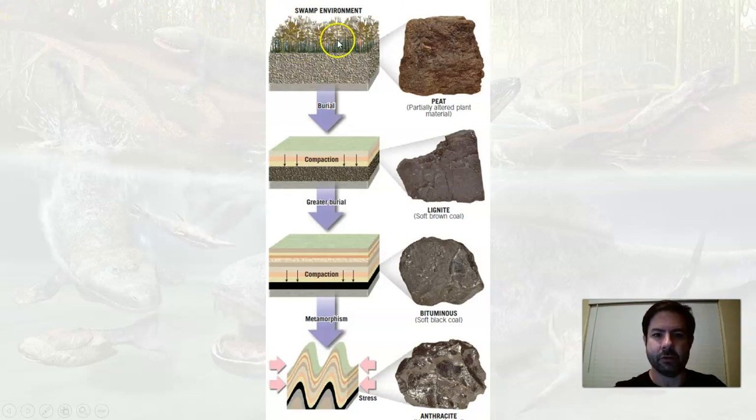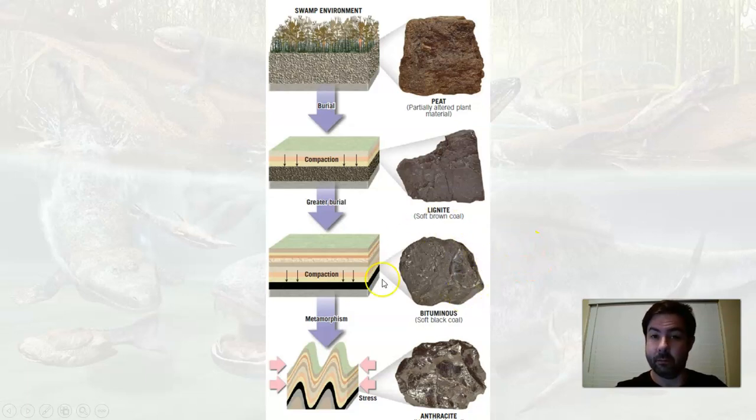So in a general swampy environment, all that organic material piling up at the bottom of the swamp makes something called peat. Peat, if you apply a little bit more pressure, maybe from overlying sediment, turns into a very low-grade coal called lignite. Additional heat and pressure from more overlying sediment turns lignite into bituminous coal, and this by far is the most common type of coal.